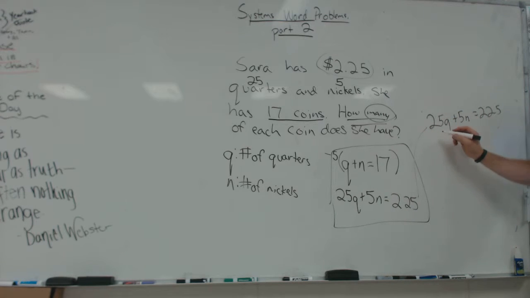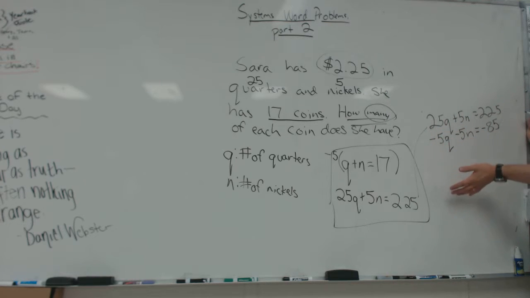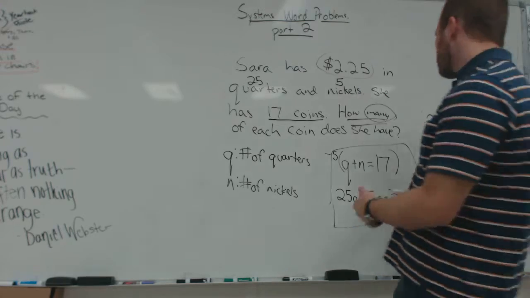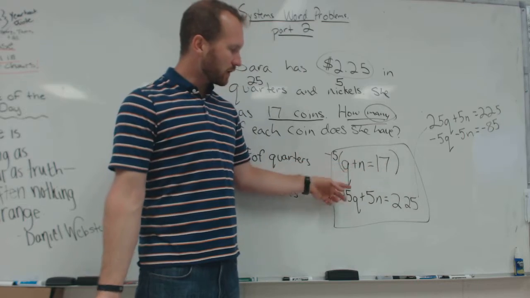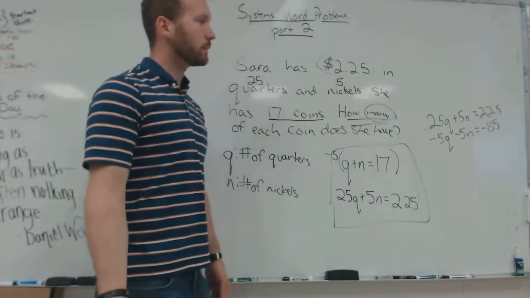And then the second equation is going to be -5q minus 5n equals -17 times 5, so -85. The reason that I chose to make this one negative is that all my smaller numbers are negative. It doesn't really matter. You could make either one negative. You also could have multiplied this by 25 to make the q's drop out.